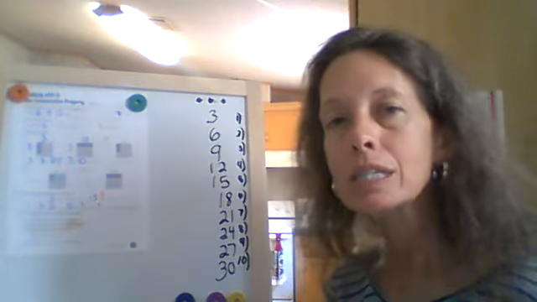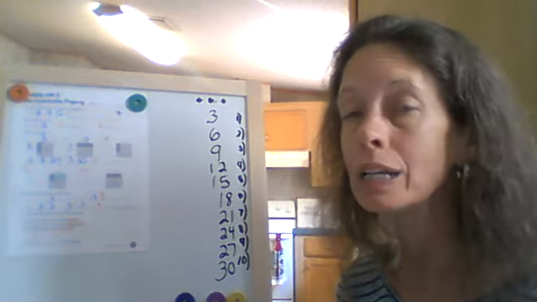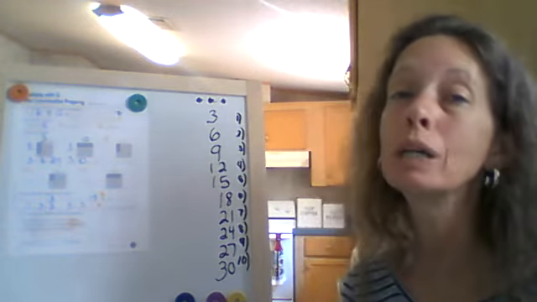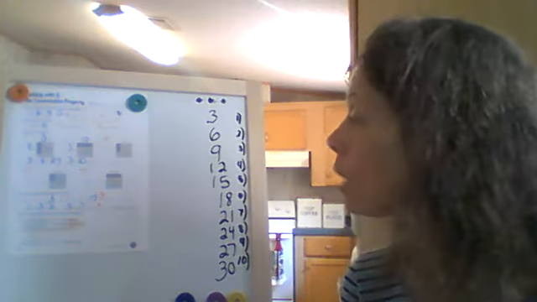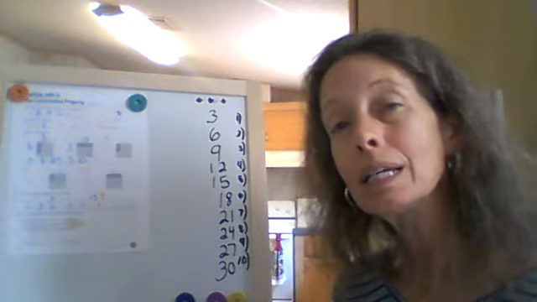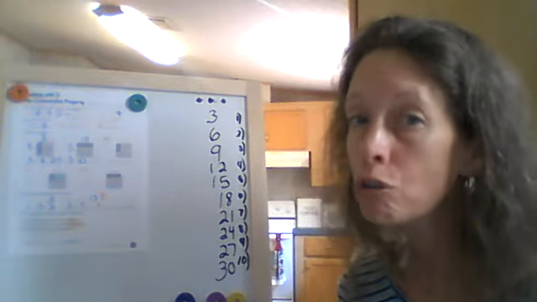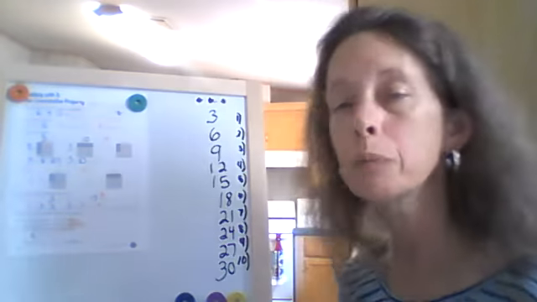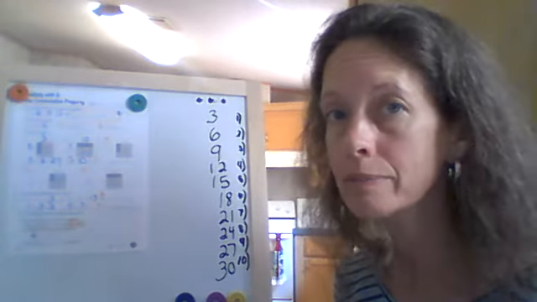Okay? This can mean addition. It does mean addition, but now we're a little further along. We're also working on multiplication. So how many is an addition word, but it's also a multiplication word. So today we're going to use our multiplication symbol right in here. And a multiplication symbol is an X. Okay?